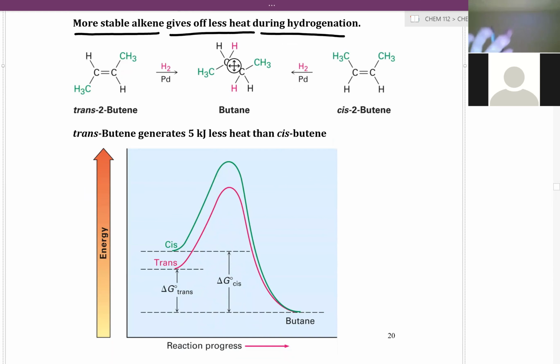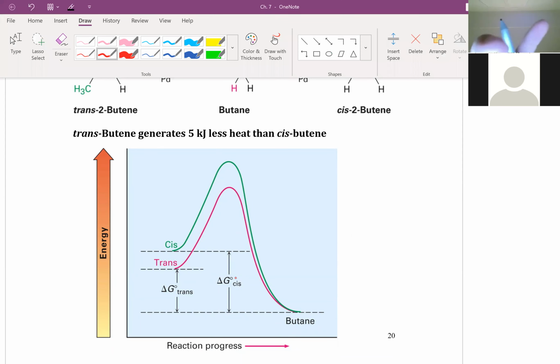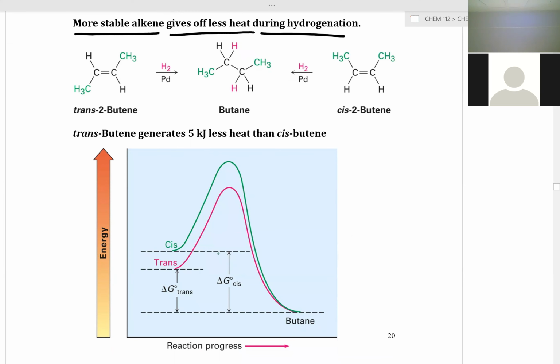So, as we notice, if we compare the trans and cis isomer, the cis isomer gives off a greater amount of heat. So cis gives off more heat during hydrogenation.